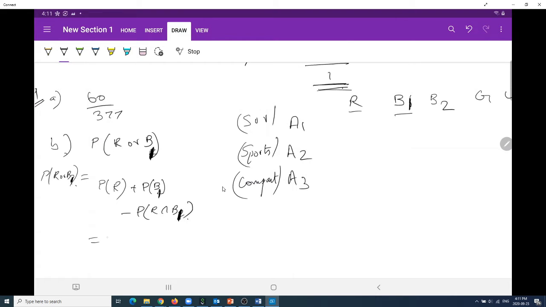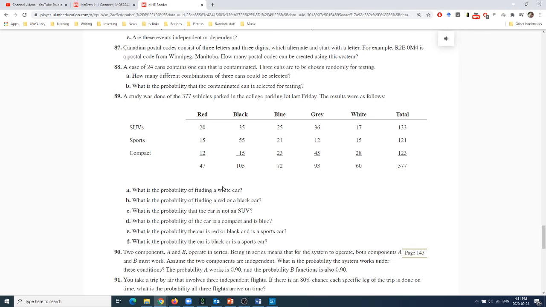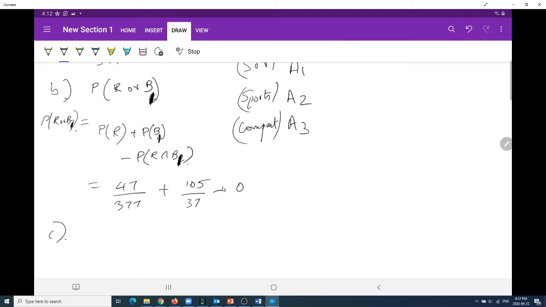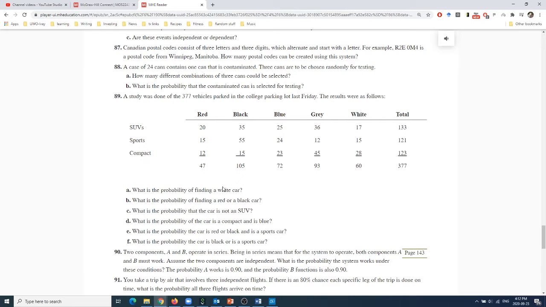So what's the probability of red? Probability of red is 47 divided by 377. Probability of black is 105 divided by 377. And the intersection between them is 0. And the third question is, what's the probability that the car is not an SUV?